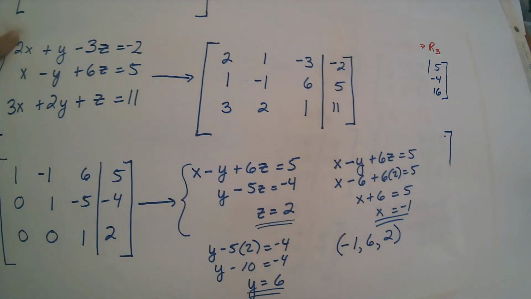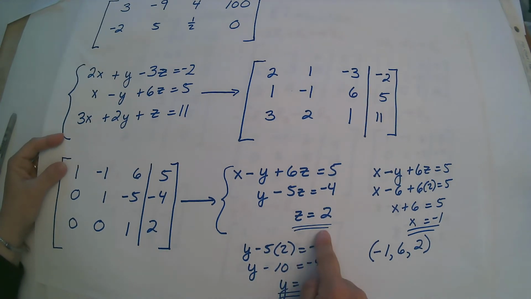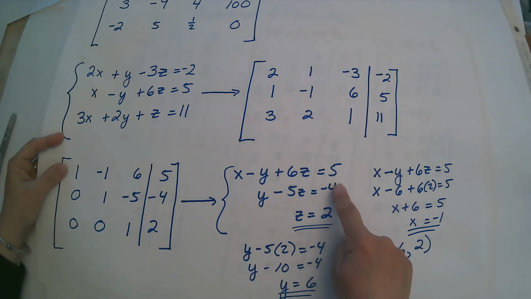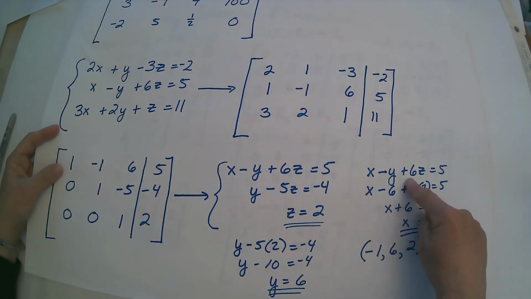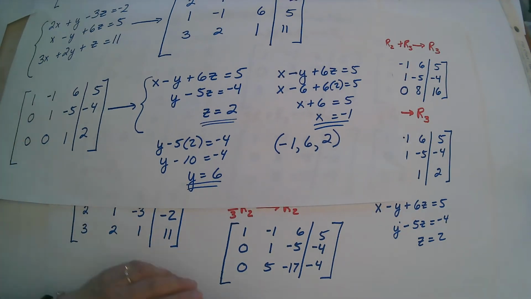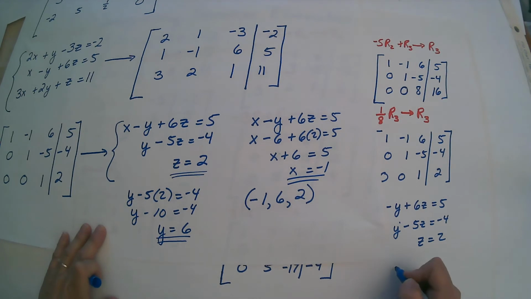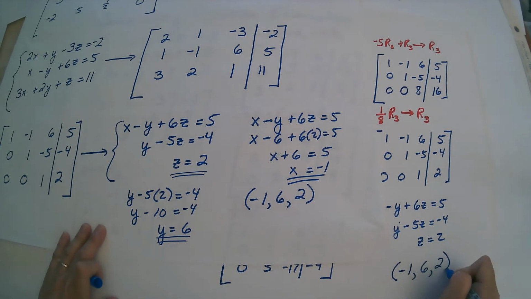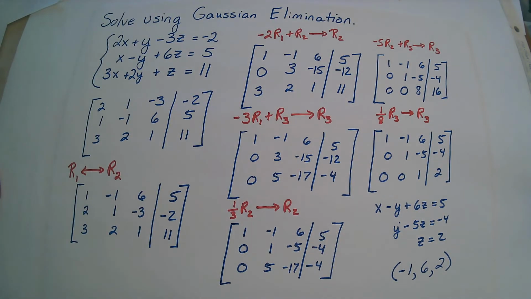Here it is, right? So to finish, you would substitute 2 in to the previous equation and find your value of 6, and back substitute again and find your x value of -1. So I'm not going to repeat that because we already did it, but we would find that our solution is -1, 6, 2. And we have solved our system using Gaussian elimination.